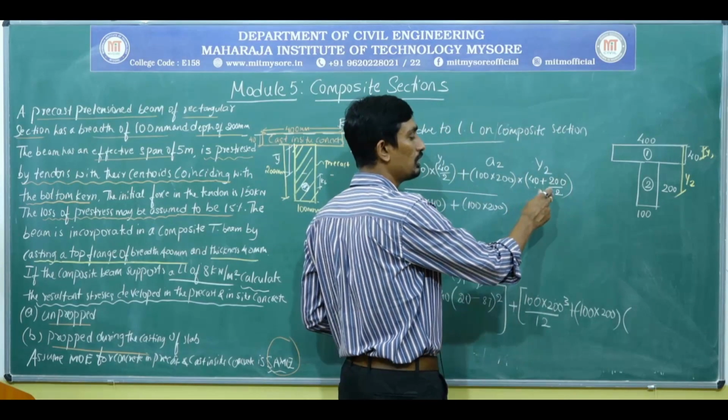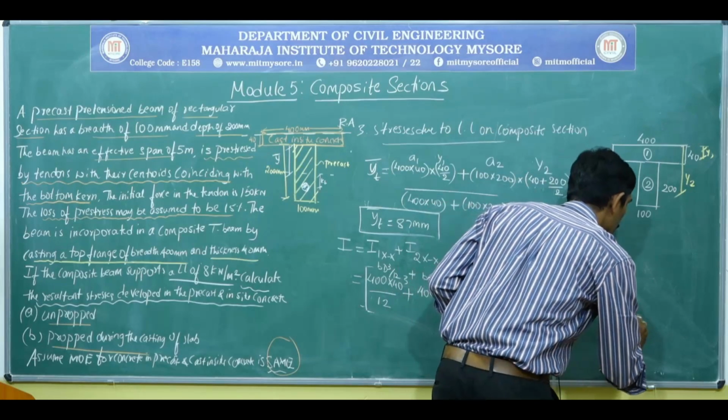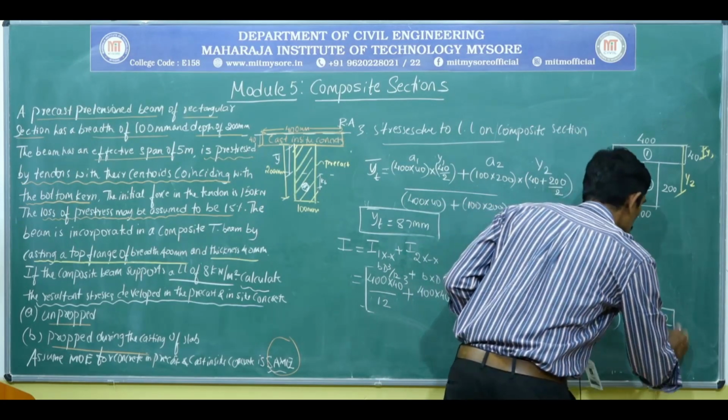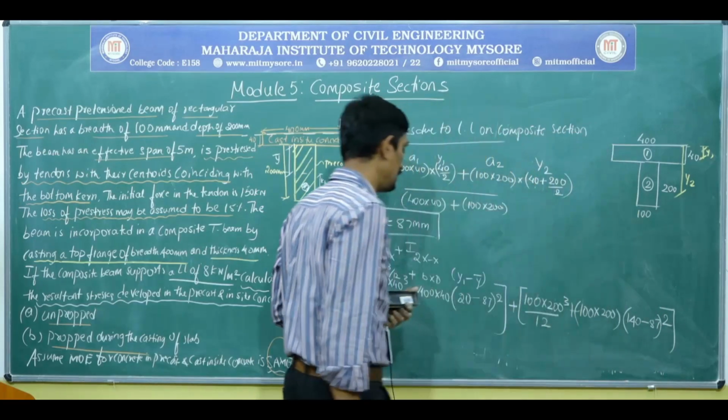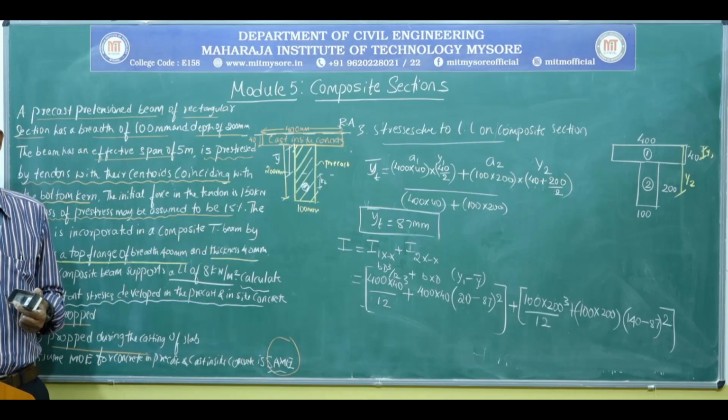How much is Y2? 100 plus 40, that is 140. 140 minus Y bar, 87, whole square. So this is your I2 XX. Like this we need to calculate properly.